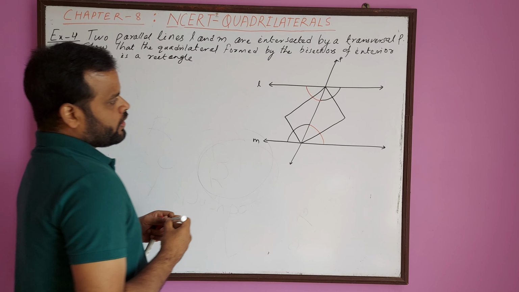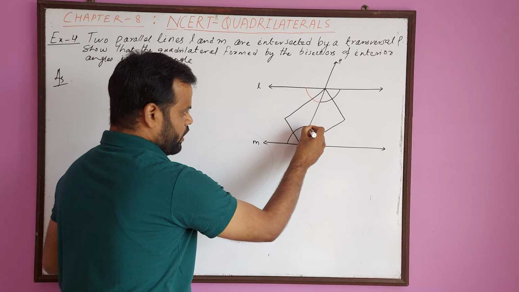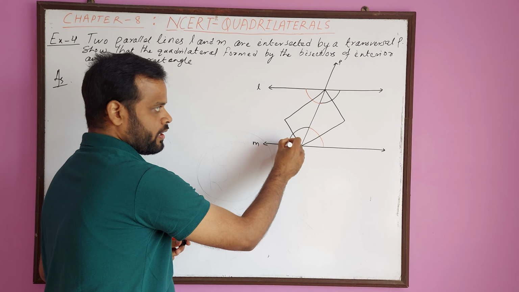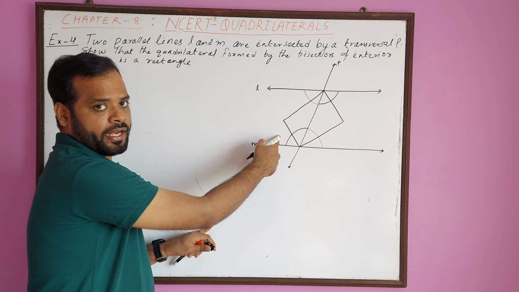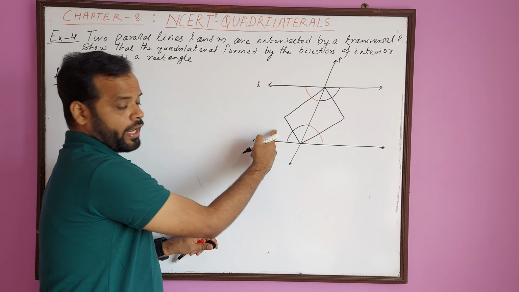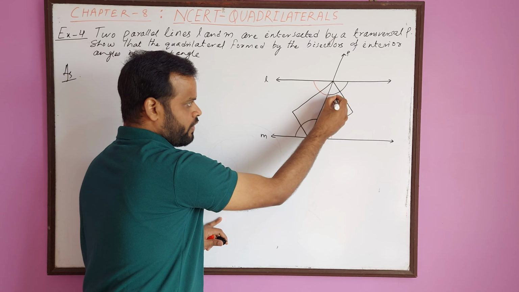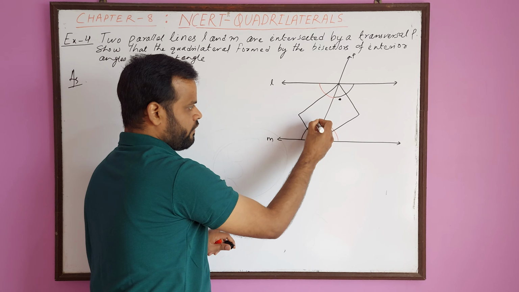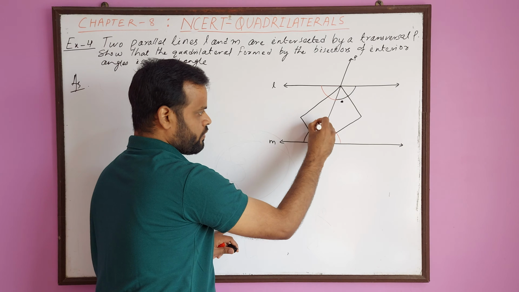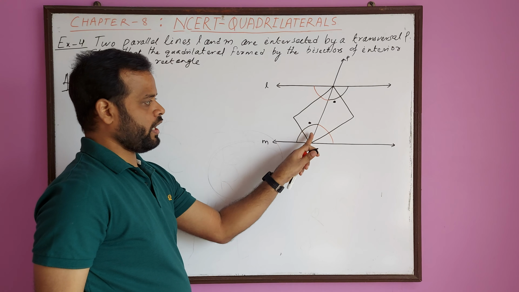Now look. This total angle is equal to this total angle, because these are alternate interior angles, and when the lines are parallel, alternate interior angles are equal. Half of it will be equal to half of it, so these two angles will be equal.